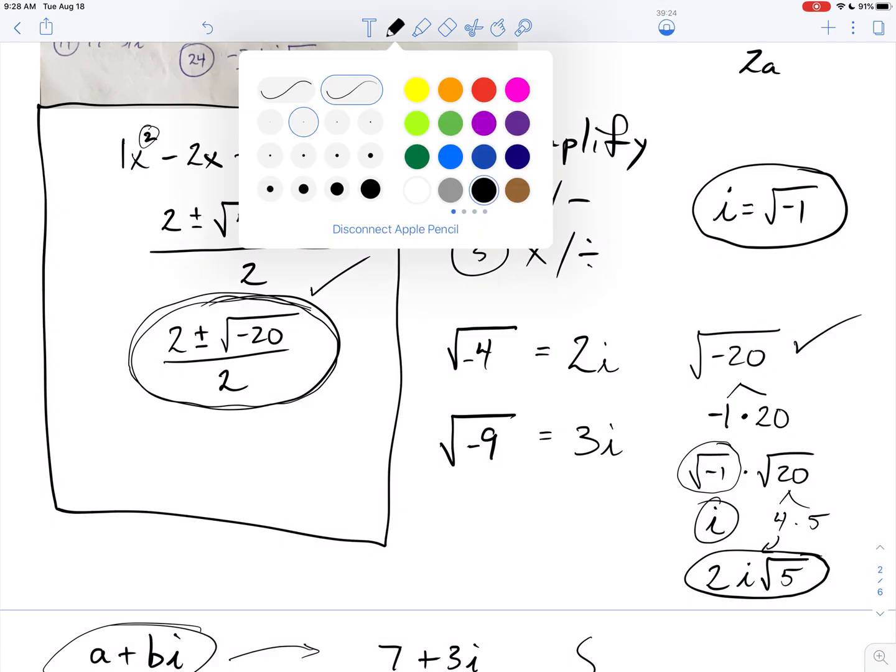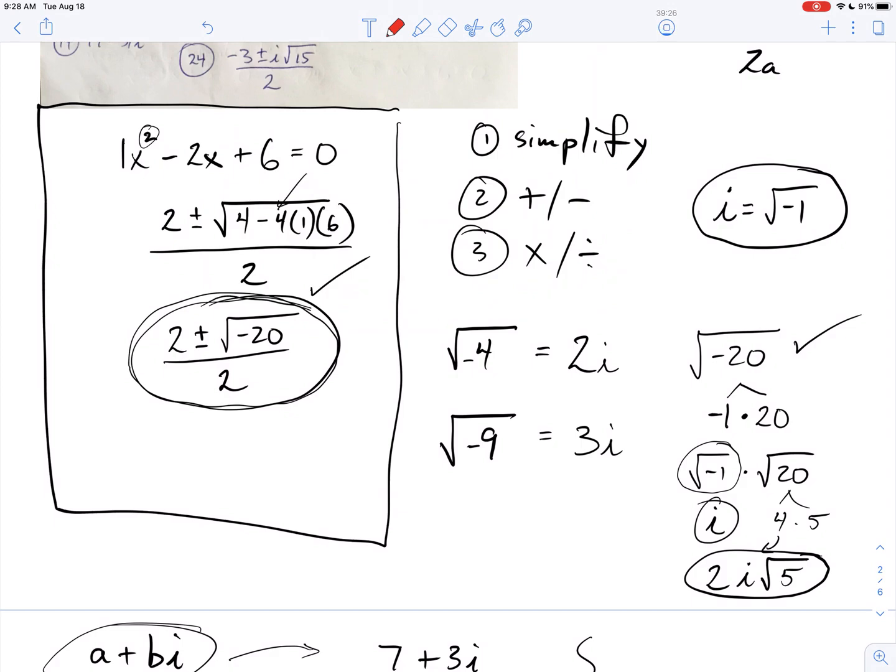I'm going to finish this part up right here in red. So see here, I could branch this off and say that's 4 times 5. If I do, I can pull out a 2. So this answer becomes 2 plus or minus 2i rad 5 over 2. Now wait a minute.